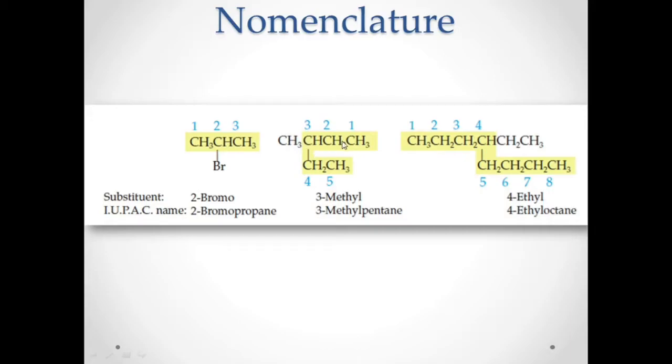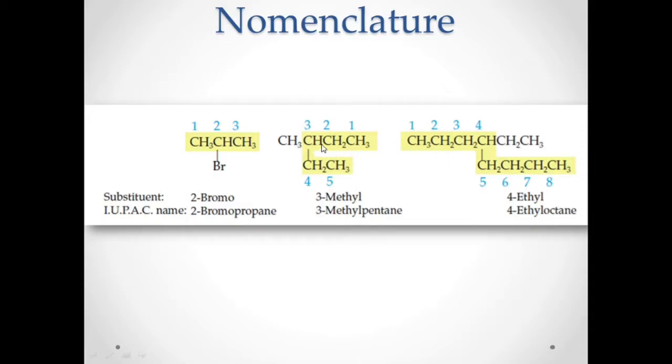If you have 1, 2, 3, 4, there is also a 4 continuous carbon chain, but the longest would have 5. If you number this going that way, 1, 2, 3, this substituent would attain the lowest number. If you number this 1, 2, 3, that would be the same also. This substituent would also have attained its lowest number.